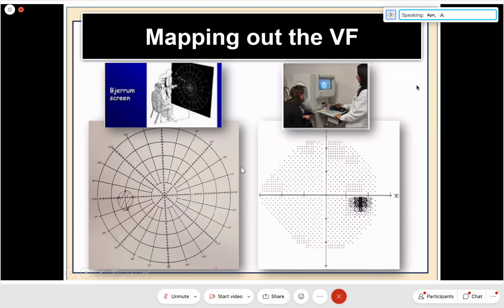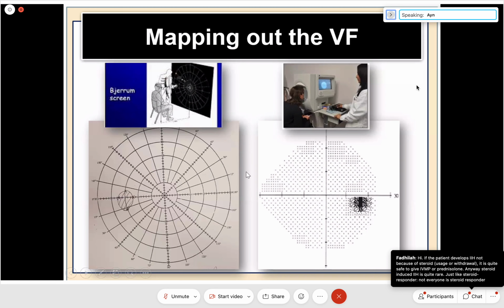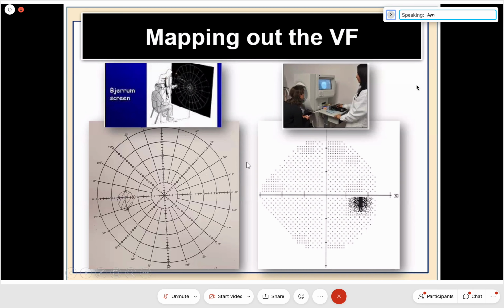Okay, as a screening, normally we do confrontation, but if the patient can cooperate, it's good for us to perform a formal visual field test as this is reproducible. On the left side is GRM, one of the campimetry, and on the right side is Humphrey visual field, a perimetry.